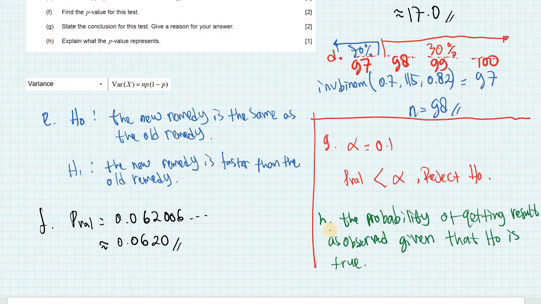You may write this in your own words, but basically the p-value means the probability of getting the observed result, given that the null hypothesis is true. So that's it for this question.